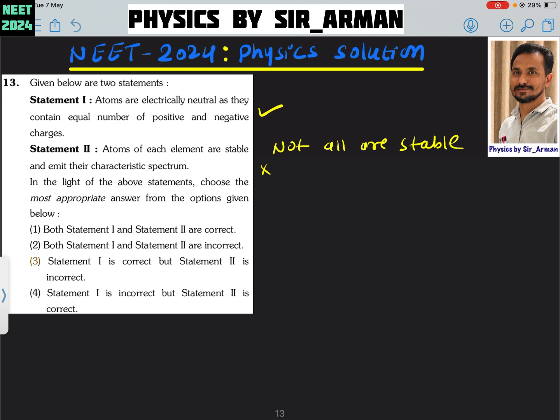Similarly, at the nuclear level, uranium and other radioactive materials are not stable. So not all atoms are stable. Statement 2 is incorrect because it says they are stable. So statement 1 is correct and statement 2 is incorrect, and option number 3 is the correct choice.